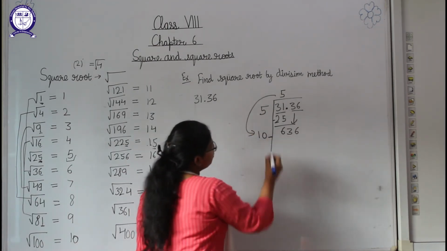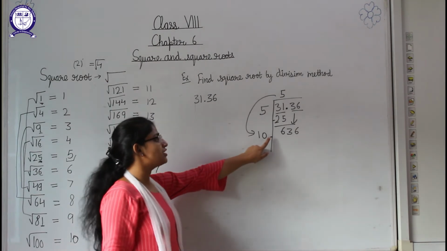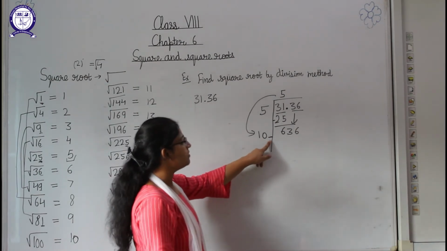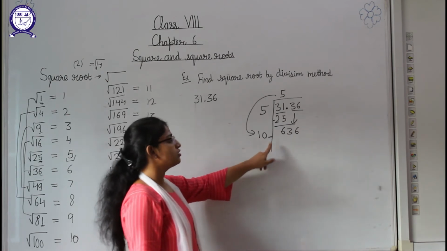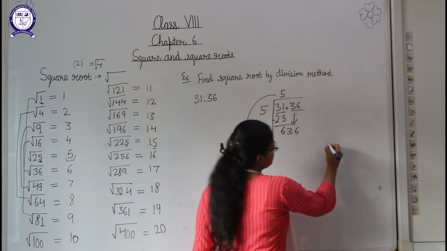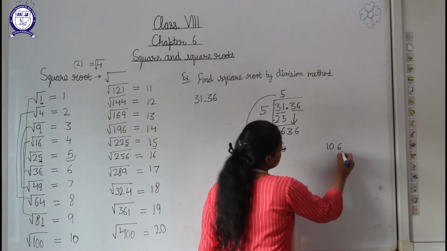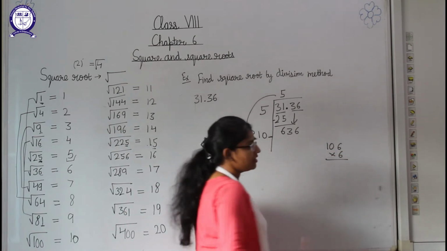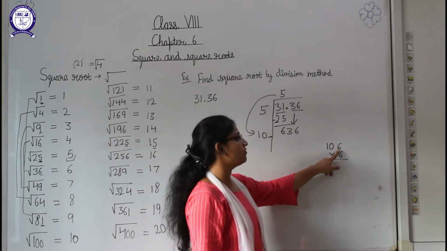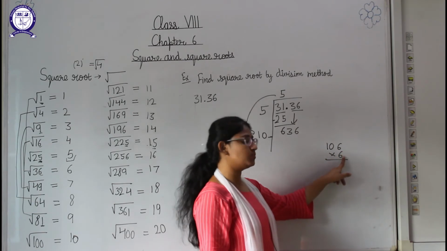Now students, we have to think of the digit that should be placed here, so that when we multiply this whole number with that digit, we get 636 as our answer. So students, we will try for this. Suppose I am placing 6 here. If I am placing 6, we will multiply 106 with 6 only.